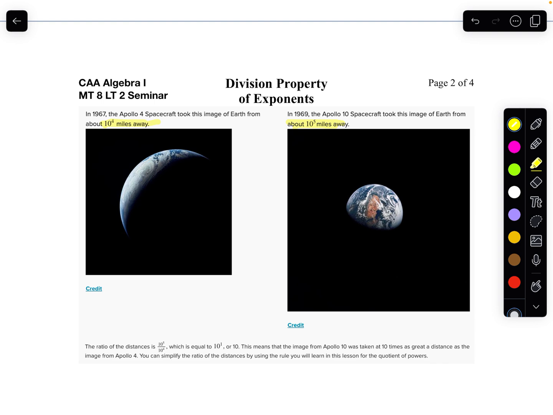Notice the picture on the right is much smaller than the picture on the left. We can see more of the Earth. And what we're going to do is learn to divide these. So in other words, the second picture is 10 times as far away as the first picture.